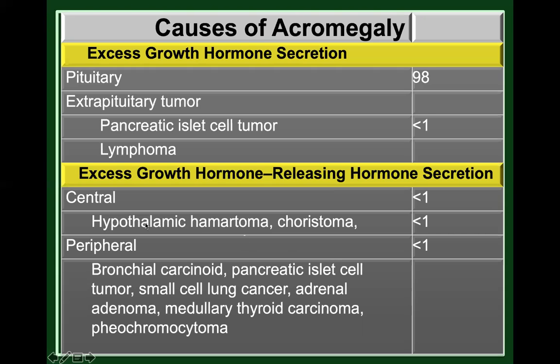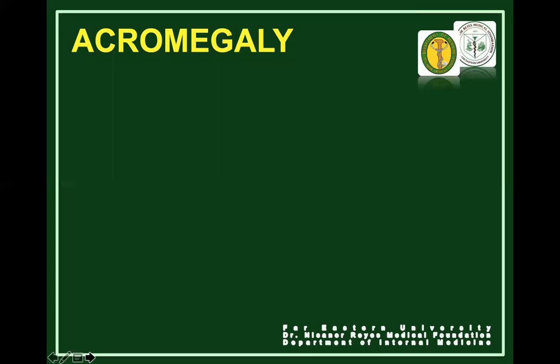So it can also be a hypothalamic hamartoma or choristoma, or it can be peripheral, seen in carcinoid pancreatic tumors, small cell, adrenal, medullary, and pheochromocytoma. So these ones are quite rare. So if it's acromegaly, it's in the pituitary unless proven otherwise.